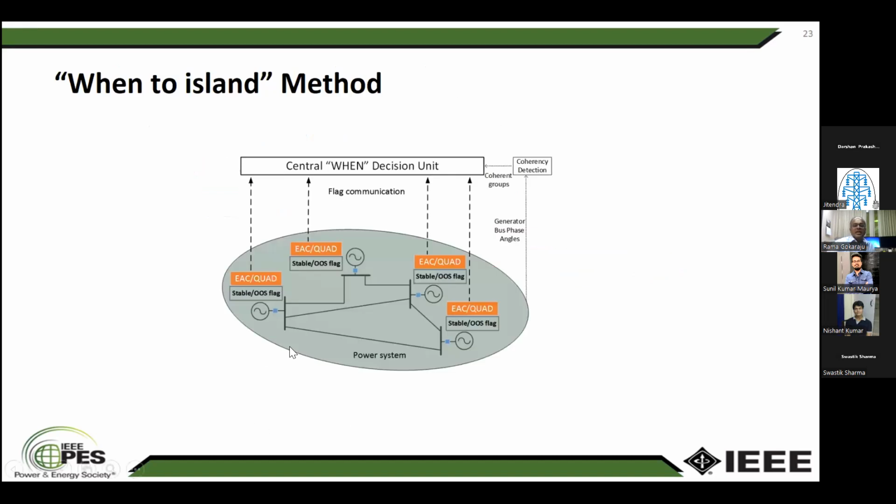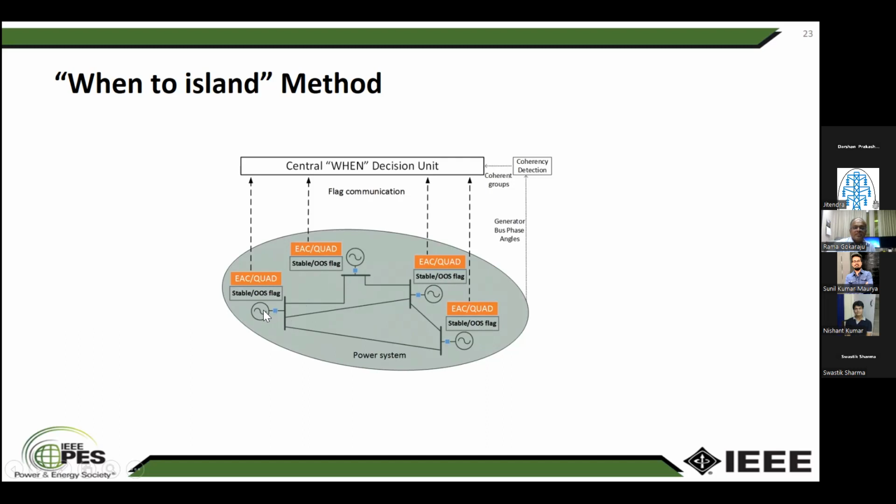So here is the diagram that we had. I'm showing a 4-generator system. I'm showing it for the generators, and the same thing could be done for the lines. In this particular implementation, or in the diagram, I'm not showing it for the lines.